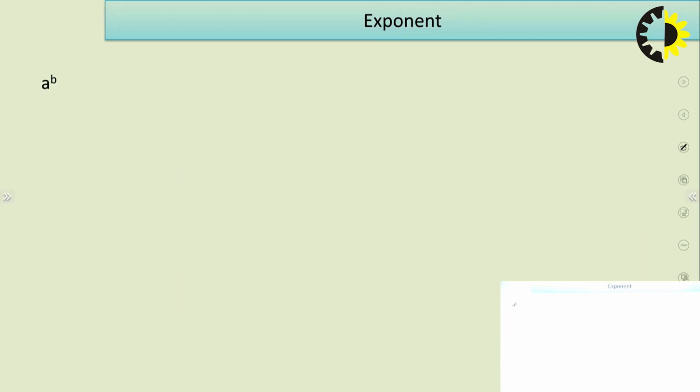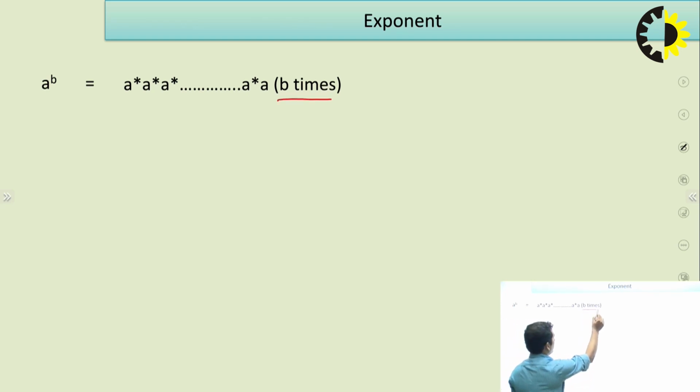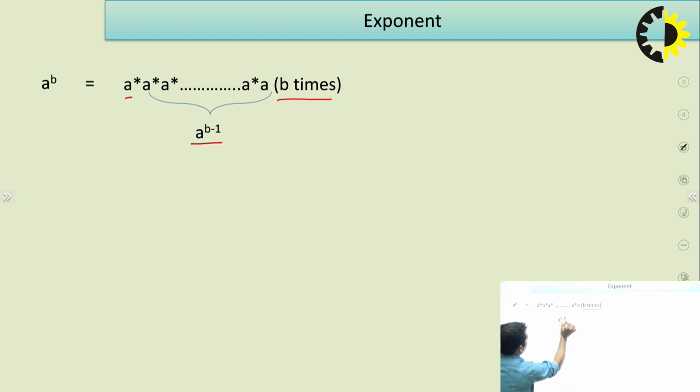Now take another example. A power b recursive function, make the recursive function for a power b, meaning exponent. First, a power b means a into a, how many times? B times. This is a simple definition, or we can say this is just like a into a power b minus 1.